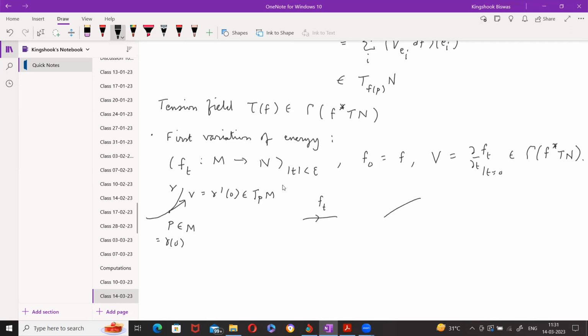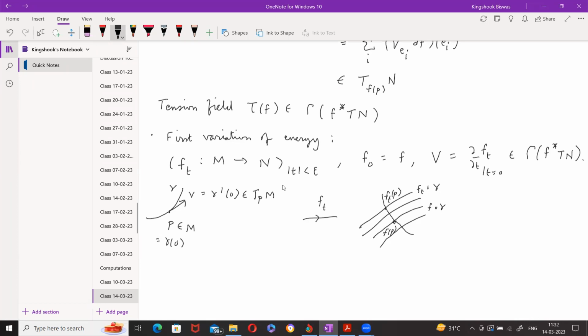That will give me a one parameter family of curves. Say this point is f of P, this is f composed with gamma, and this is f_t composed with gamma. This curve is when I move in the t direction. It may not be perpendicular; I'm just drawing it to be perpendicular. So this point here would be f_t of P.